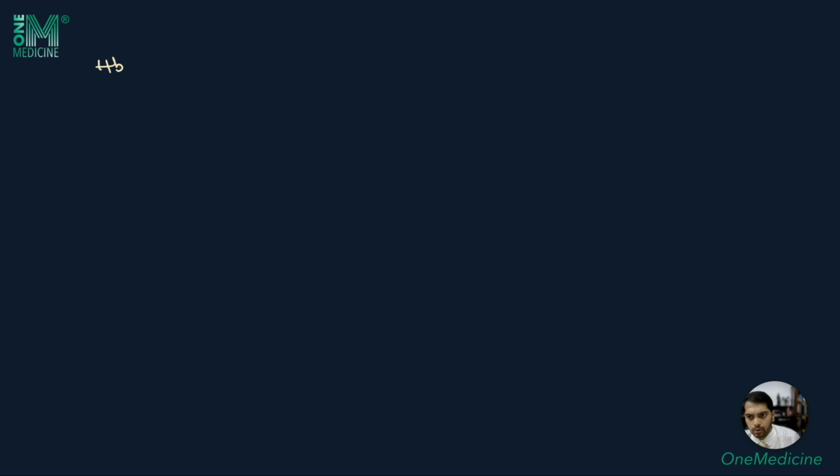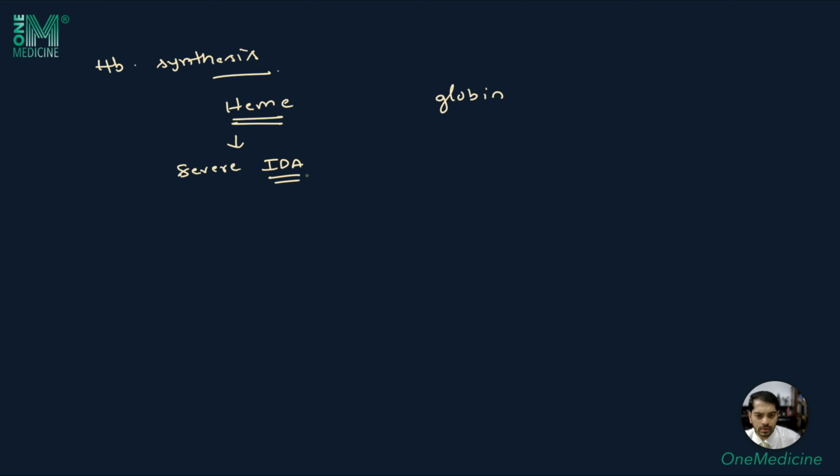The defective hemoglobin synthesis can happen because of two reasons: a defective heme and a defective globin. A defective heme will happen because of a severe iron deficiency, whereas a defective globin can happen because of hemoglobinopathies, including thalassemia.